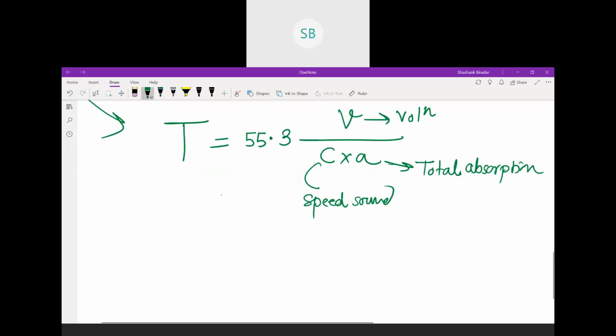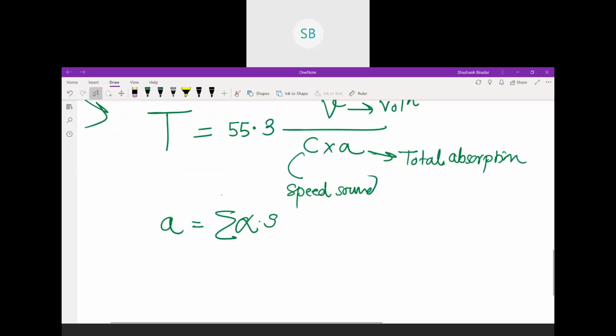Now this total absorption A can be written as the summation of alpha into S, which is alpha 1 S1 plus alpha 2 S2 plus up to alpha n Sn, where i goes from 1 to n.